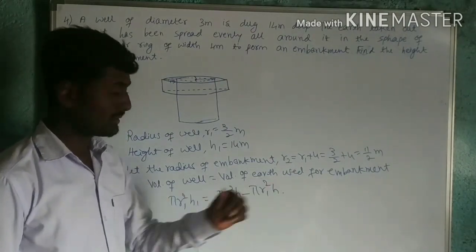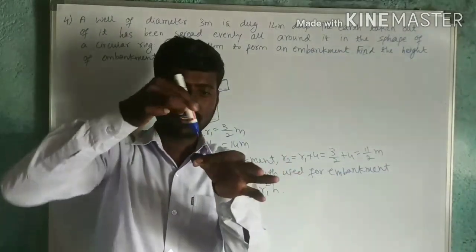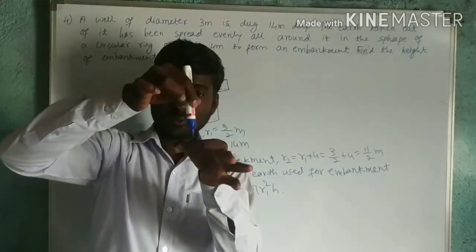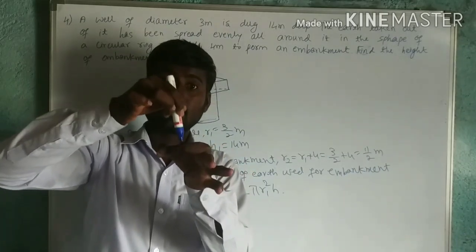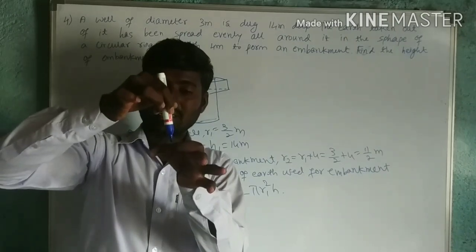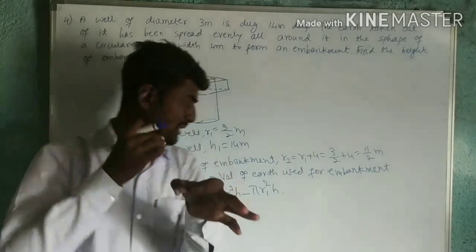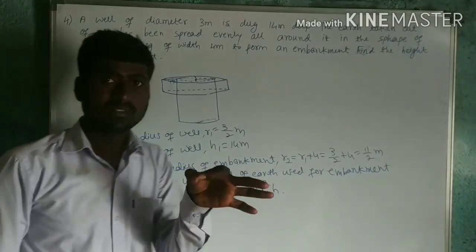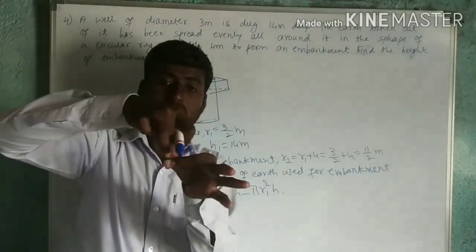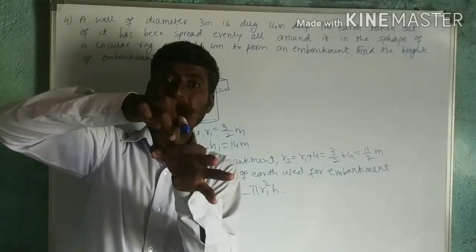of the embankment. Why have I taken this? So let us take this as embankment. From the center to the outside, that radius I have taken as R2. From the center to inside it is R1 radius. Why I use minus means I want to find the volume only here. That inside gap is there.